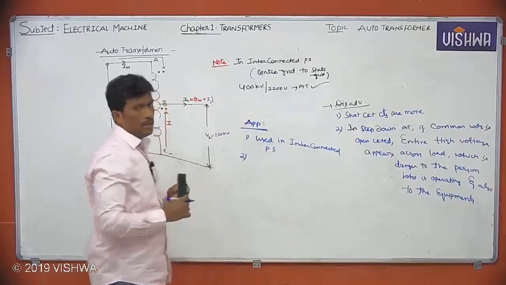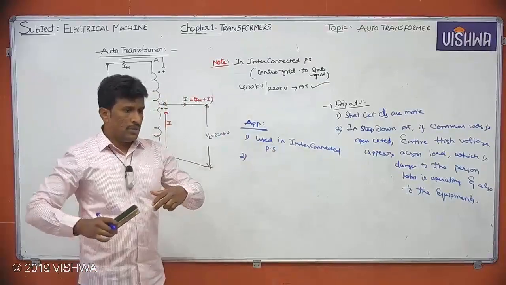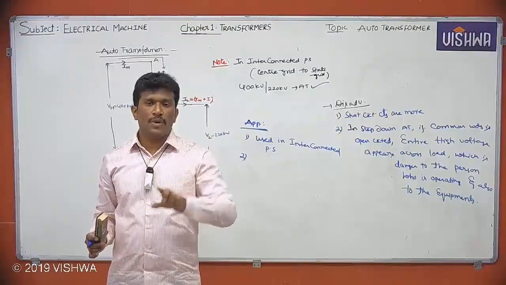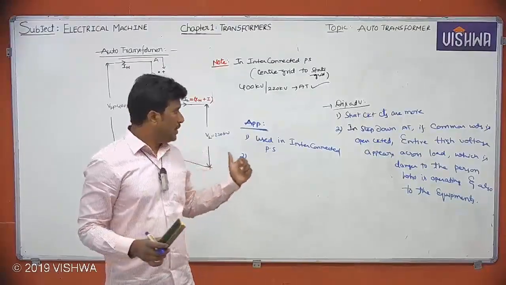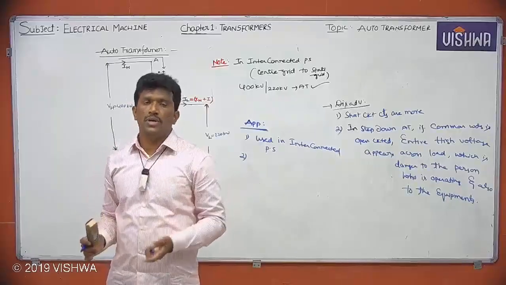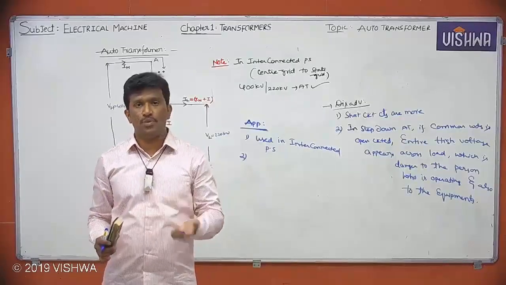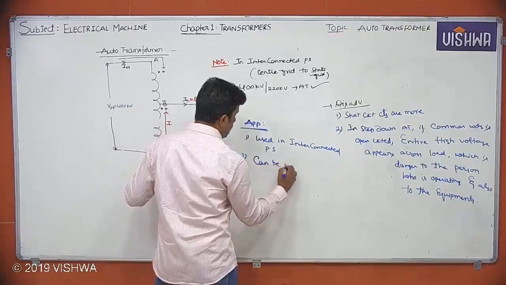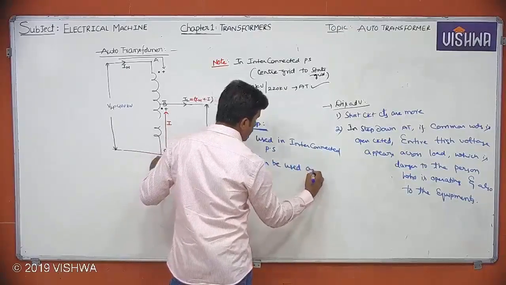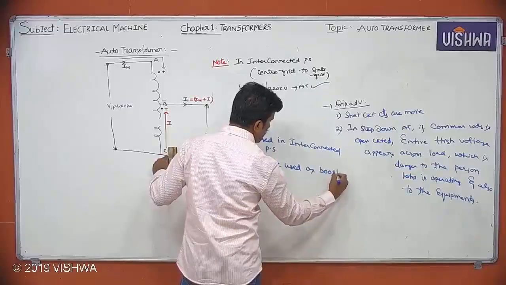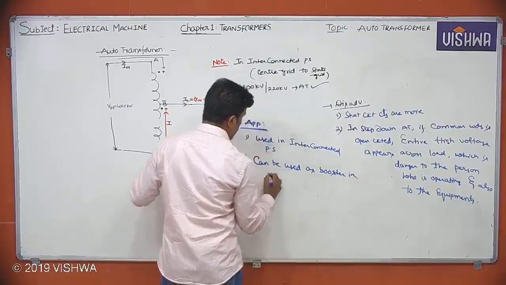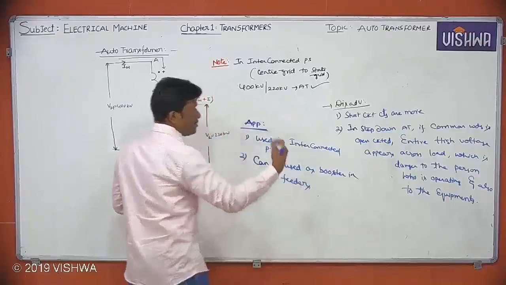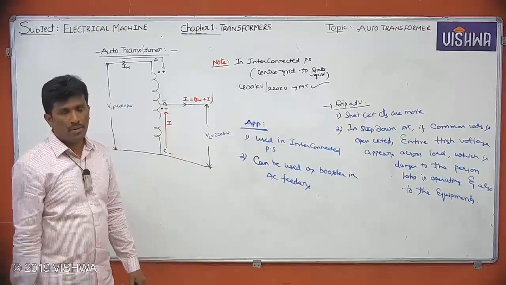Second one. If you see in AC feeders, if voltage drop occurs, I'll use an auto transformer to boost up the voltage. That means you can use it as a booster in AC feeders, to compensate the voltage drop.